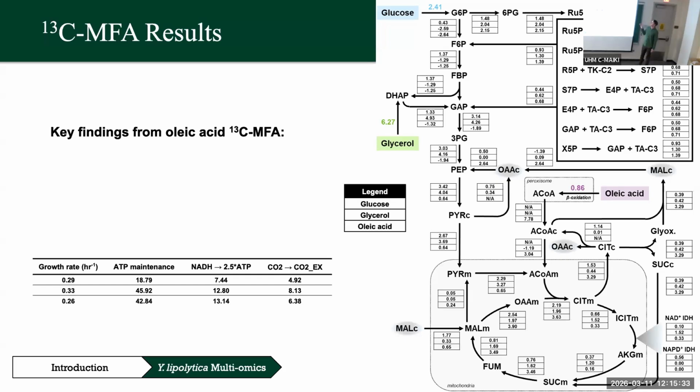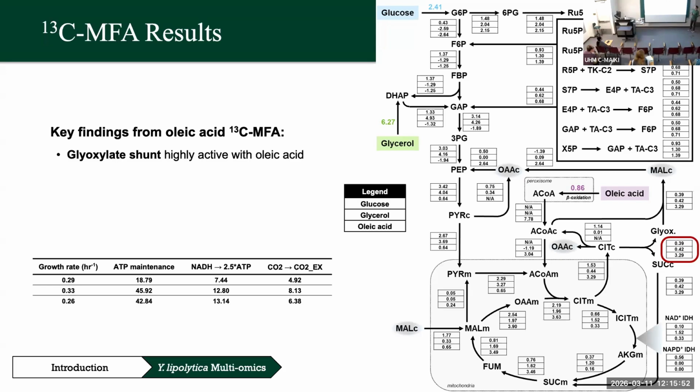All the numbers are normalized to the uptake rates, with oleic acid entering the peroxisome at 0.86, and glycerol over there, and glucose. We're most interested in the oleic acid because that one hasn't been done before.